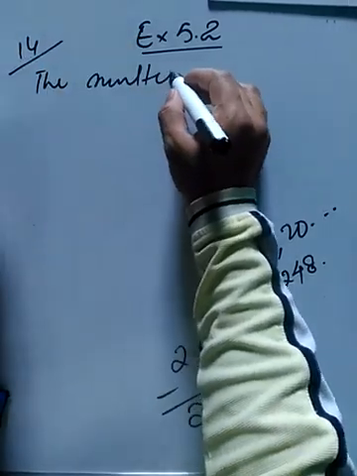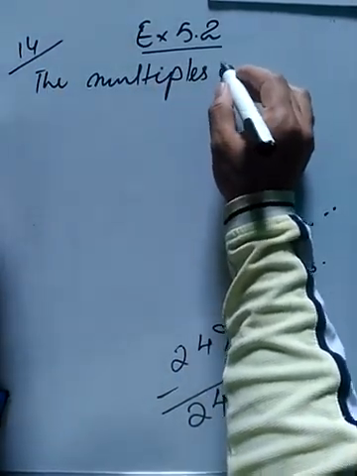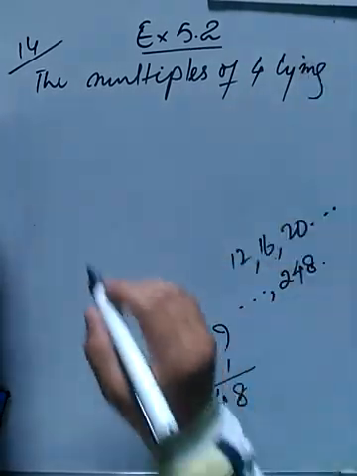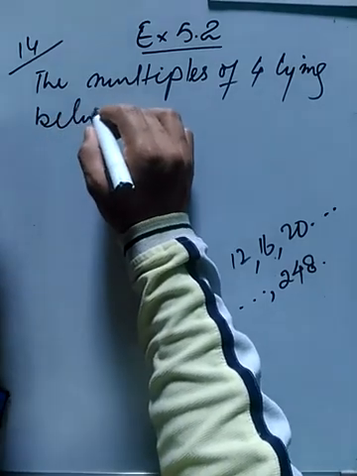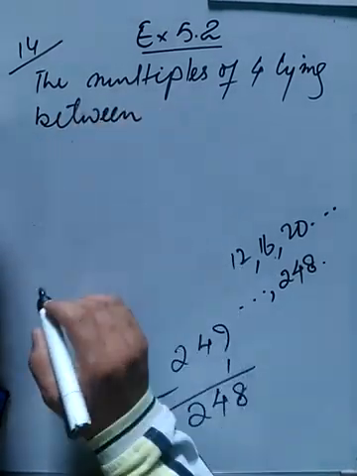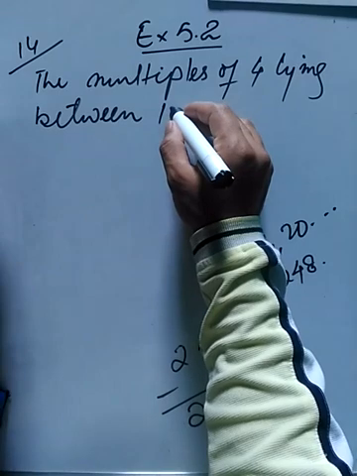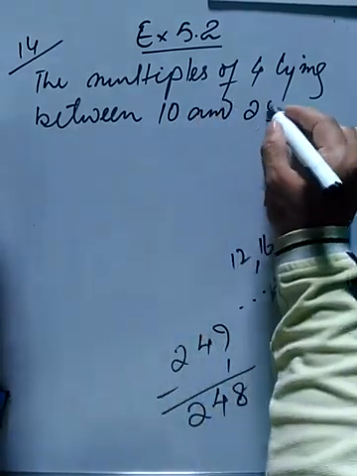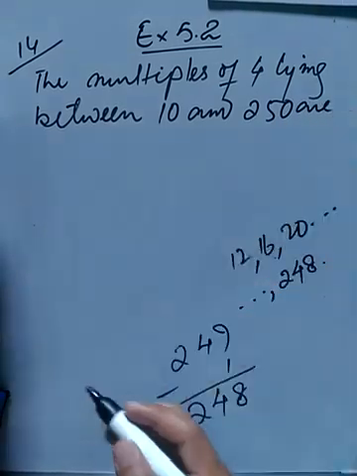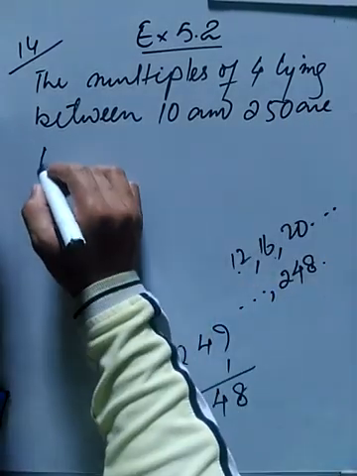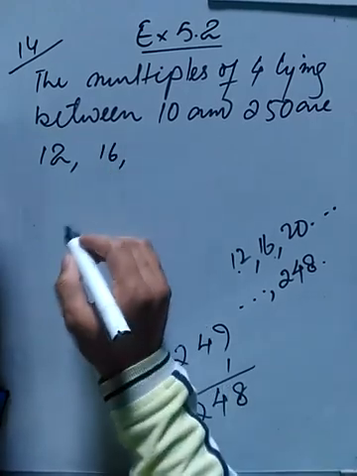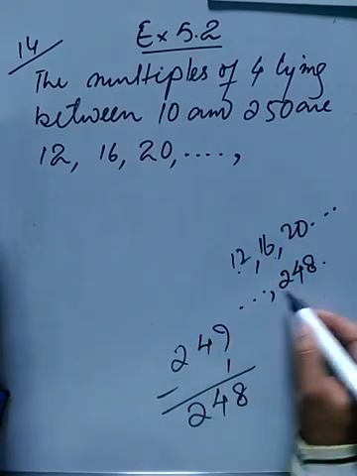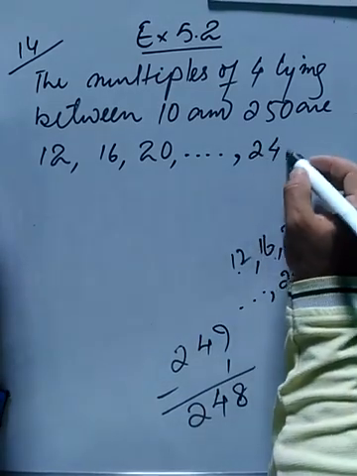The multiples of 4 lying between 10 and 250 are 12, 16, 20, then at the last 248.